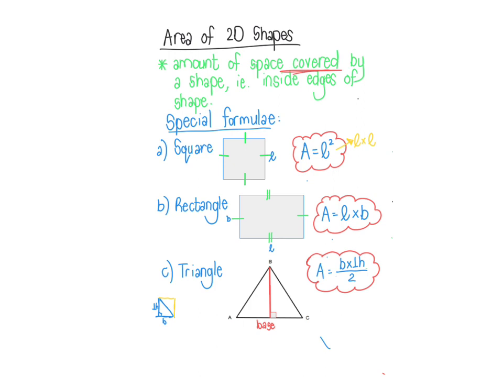Now for the other triangles it works the same, it's just that let me draw in the perpendicular height here. So let's say we cut it off this side, and this is, for example, not an equilateral, this is an isosceles triangle. Let's say we cut that off and place it there. Okay, then we have a rectangle again.